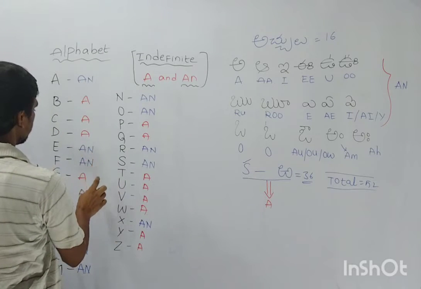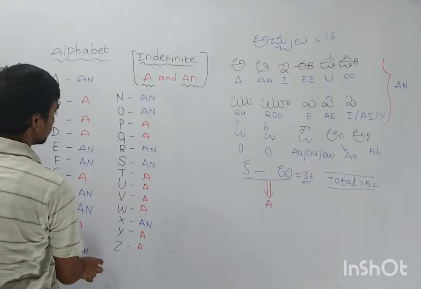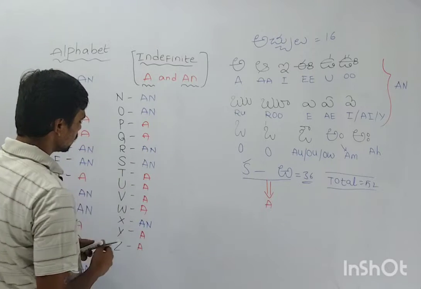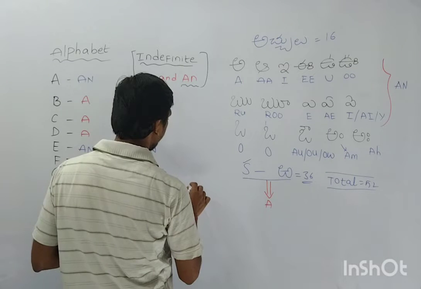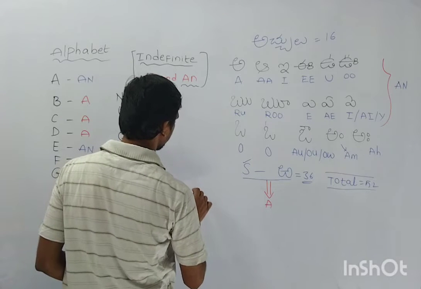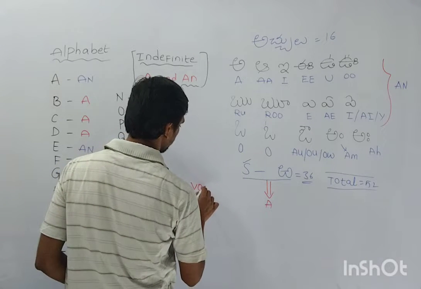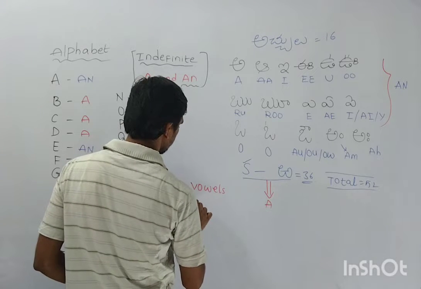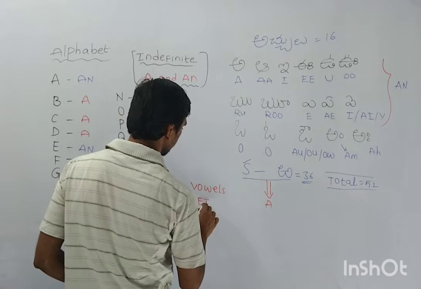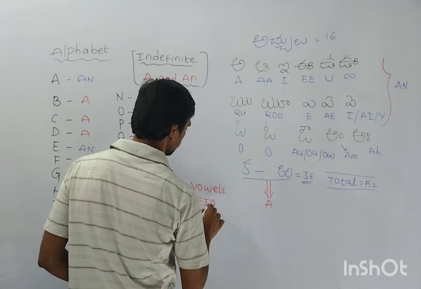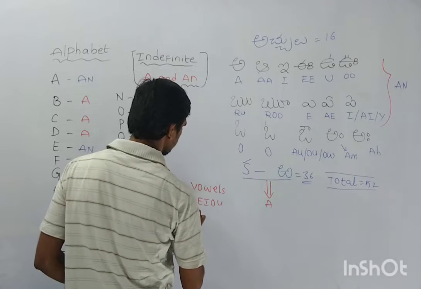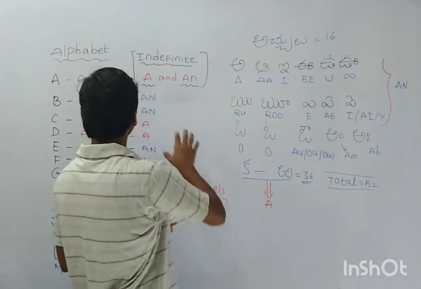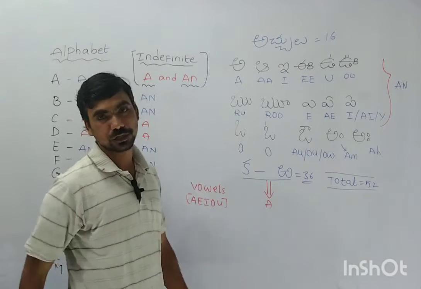1, 2, 3, 4, 5, 6, 7, 8, 9, 10, 11, 12. There are those with the "an" sound, which are the vowel sound. Vowel sound, what? A, E, I, O, U. Actually, this is the vowel sound. If you know this, you can easily identify.